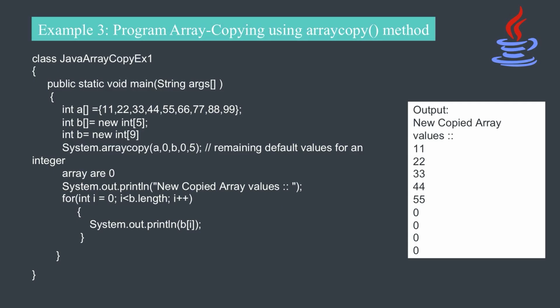The default value for an integer array is zero because an array is an object. Print the new array's copied values using the same for loop. When you compile and run the program, the output is 11, 22, 33, 44, 55, and the remaining 4 elements are default values, which for an integer array are 0.